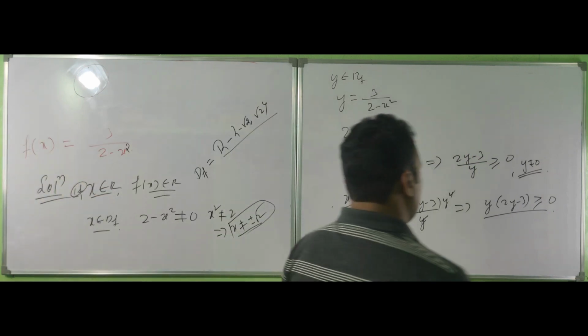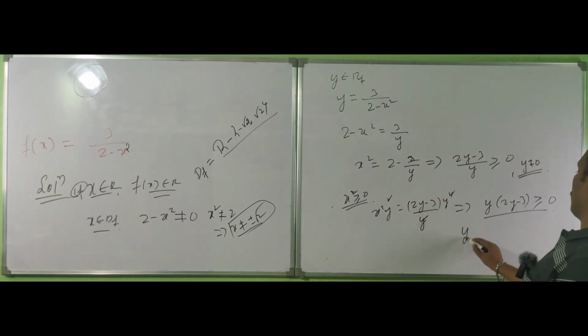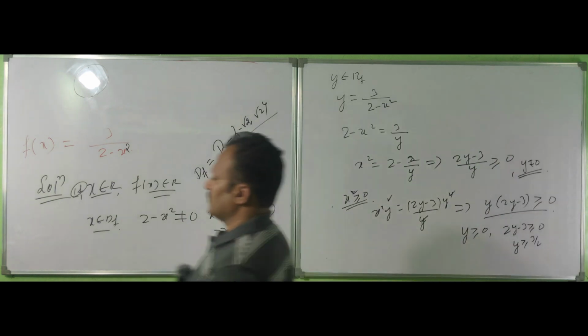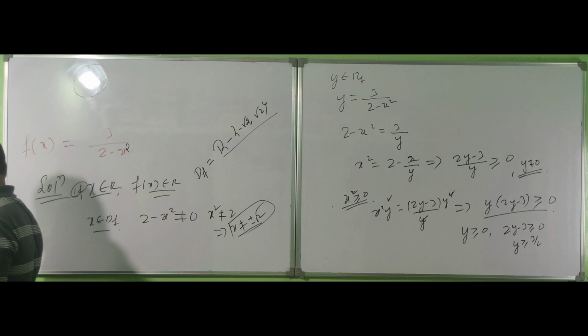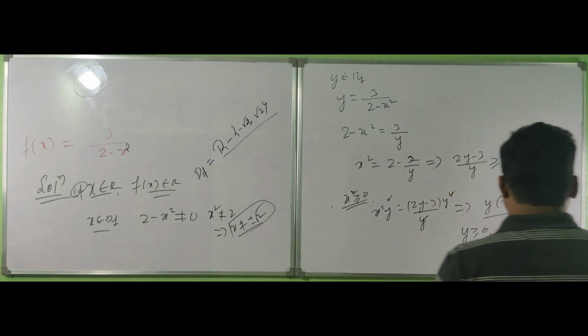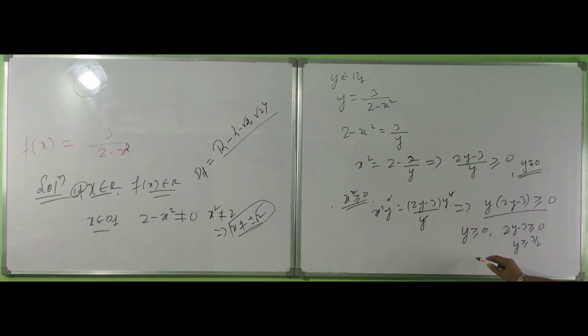Next simplification: y is greater than or equal to 0 or 2y minus 3 is greater than or equal to 0. This means y is greater than or equal to 3 by 2. And one condition of the given condition is y is not equal to 0. We should get these numbers except y not equal to 0.